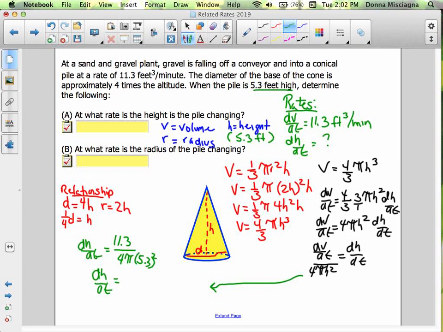I already have a decimal, so we'll divide by pi. So our answer is 0.03201. We'll put one more decimal place in there too. And that is feet per minute. Now I'm going to write that on there. 0.032012, that's dH/dt.